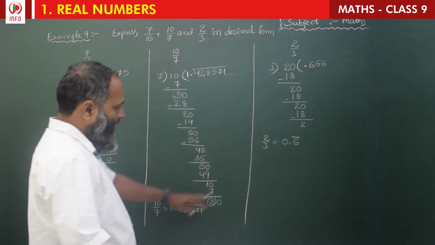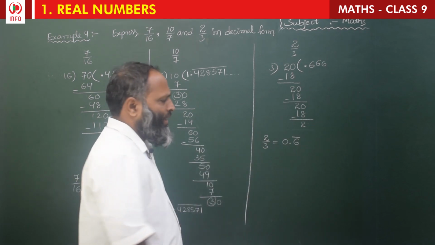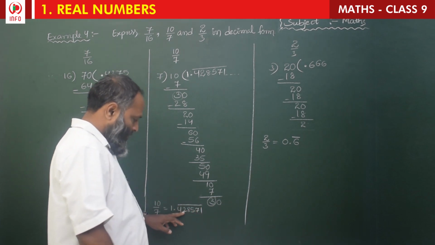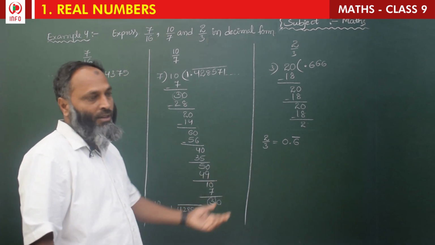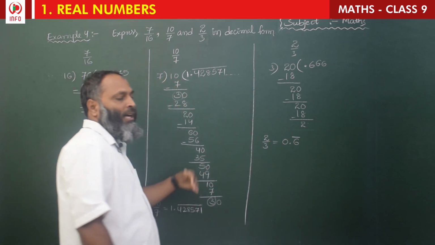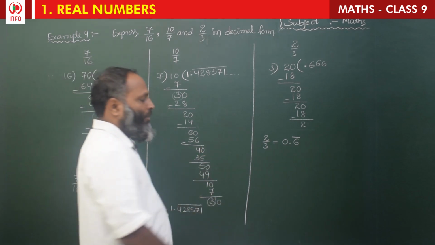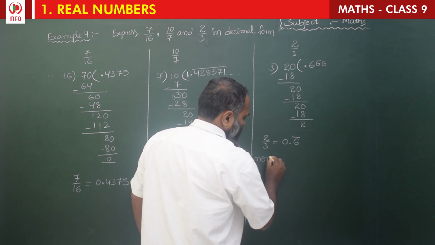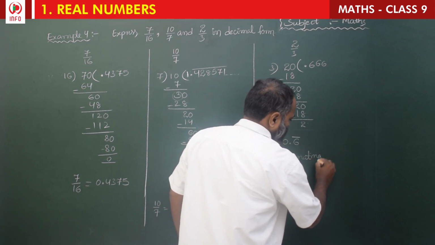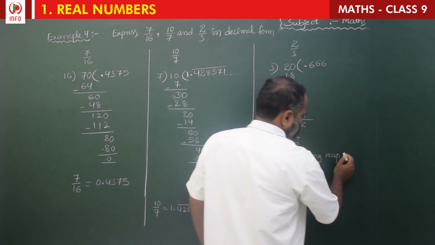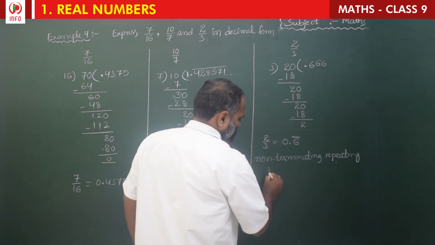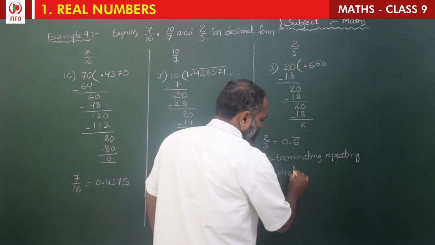These two are non-terminating decimals. Why? Because they are repeating. Here also we are repeatedly getting 428571, 428571. Here 6 digits are repeated, here 1 digit is repeated. So whether 6 digits or 1 digit, these are non-terminating repeating decimals.